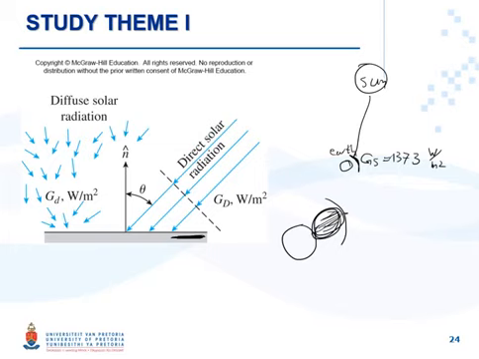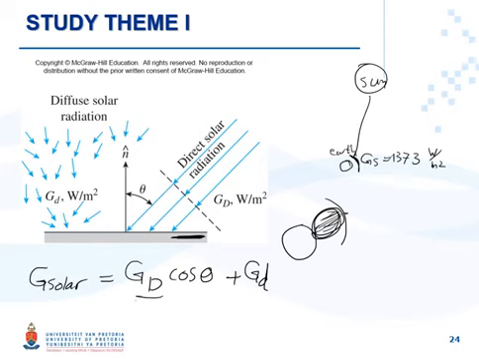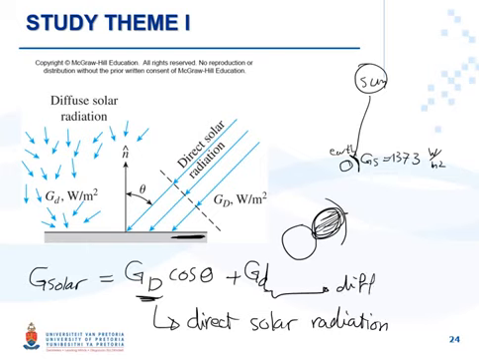So basically, what we are receiving on the surface of the Earth, G solar, is equal to G_D cosine theta plus G_d. The first term we call direct solar radiation, and G with a small d is diffuse solar radiation.